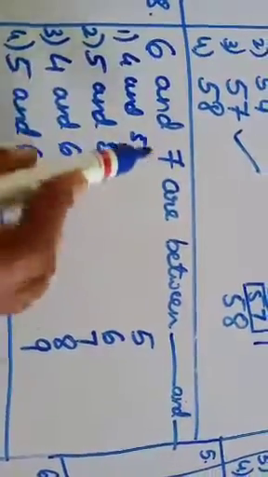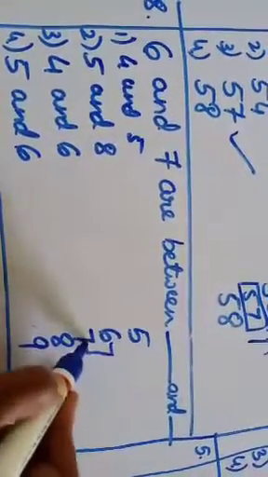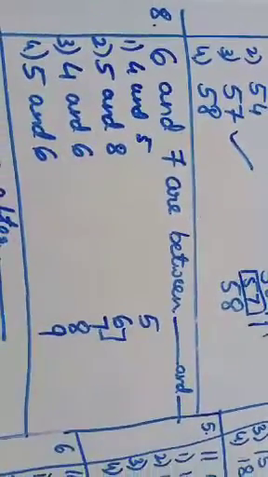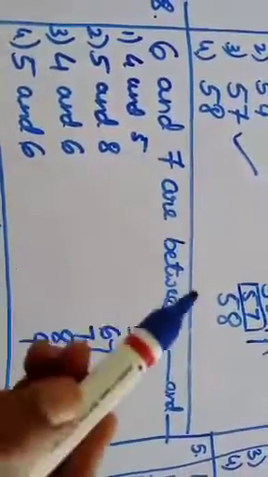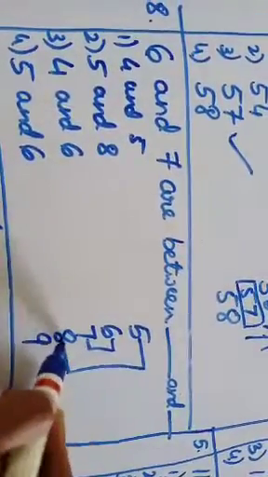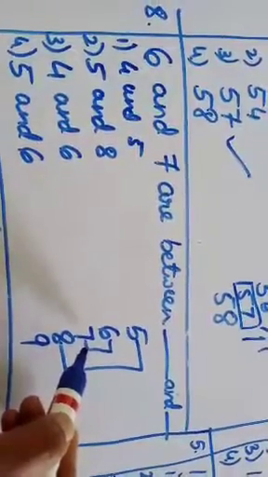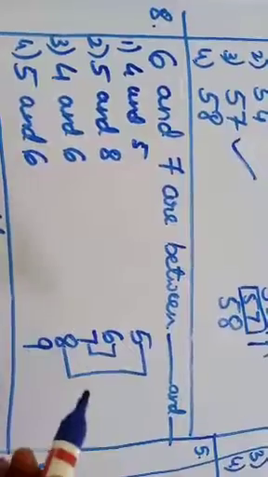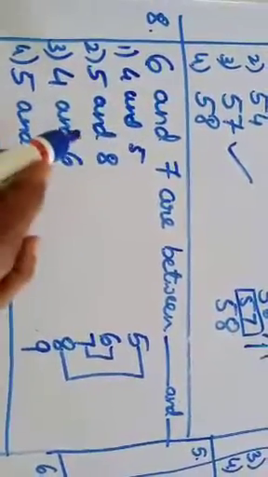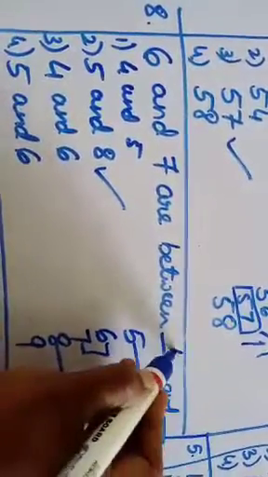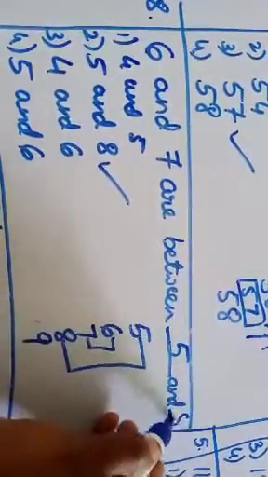So let's find out the answer now. 6 and 7, these two numbers are there between which two numbers? They asked between which two numbers 6 and 7 is there. So between 5 and 8, 6 and 7 is there, right? So 5 and 8 is the right answer. That means second option is the right one. Tick mark and write here 5 and 8.